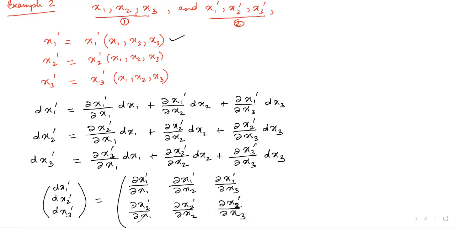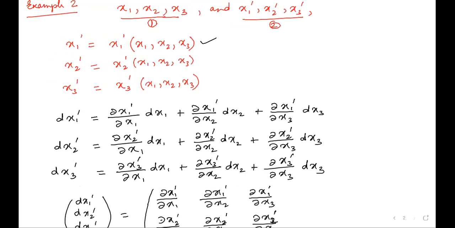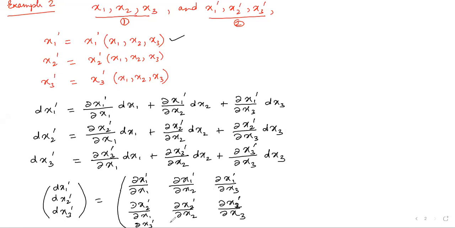Similarly, the last row would be dou x3 prime by dou x1, then dou x3 prime by dou x2, dou x3 prime by dou x3, multiplied by dx1, dx2, dx3. I don't know whether it is still visible to you or not.